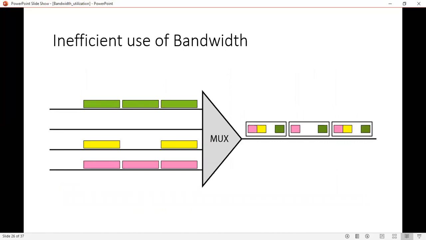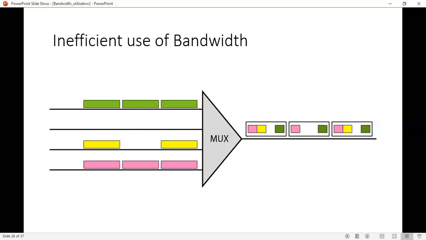Inefficient use of bandwidth. See this diagram where you have 4 input lines represented by colors: green, green, yellow, pink. If I say these are bits, that is data units, then the resulting frames are given there. The first three frames are shown.